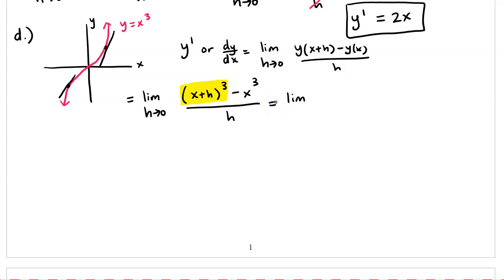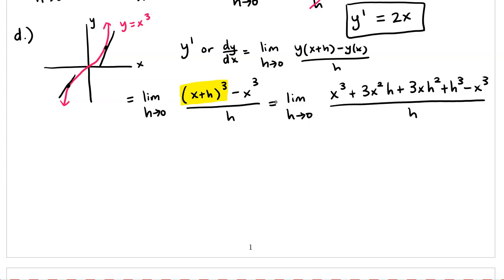Doing so will give us the limit as h approaches 0 of x cubed plus 3x squared h plus 3xh squared plus h cubed minus x cubed all over h. x cubed and minus x cubed will give us 0, and then every remaining term in the numerator is going to have an h in it. So we can factor out h.